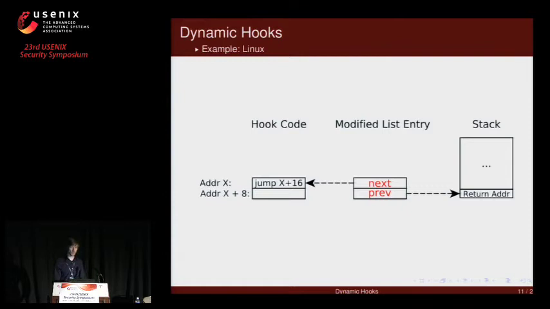We will point the next pointer to the hooking code that we want to invoke. And as soon as this modified, malicious list entry is used by the list delete function, we will override the return address with the location of our hook, and as soon as the function returns, our hook code will be invoked instead of the traditional control flow.